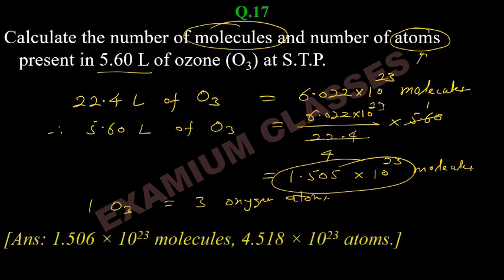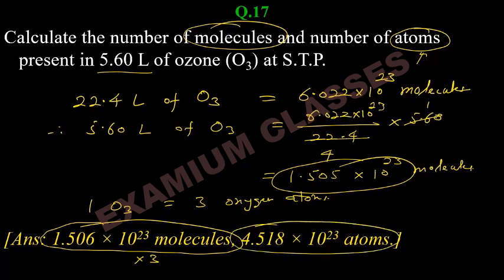The answer will be, molecules will be 1.506 into 10 power 23, and when you multiply this by 3, these many will be the atoms. It is similar to what we did in the case of oxygen, but there one molecule had 2 atoms, so we multiplied by 2. Here, to get the number of atoms, we multiply by 3 because one molecule is equal to 3 atoms of oxygen.